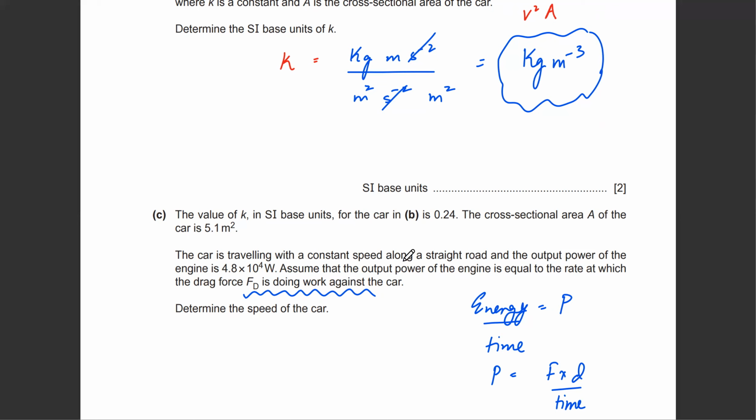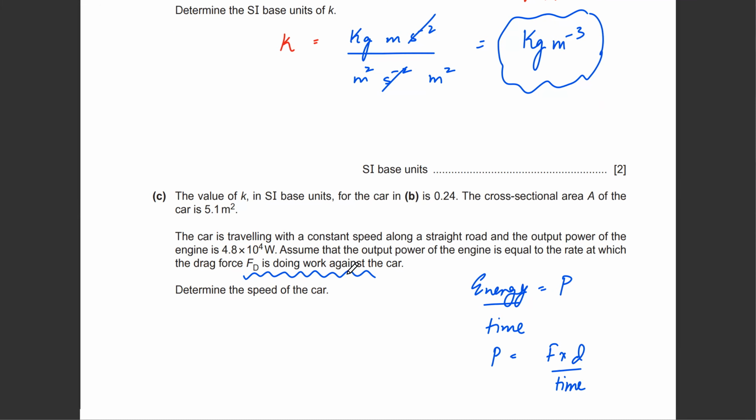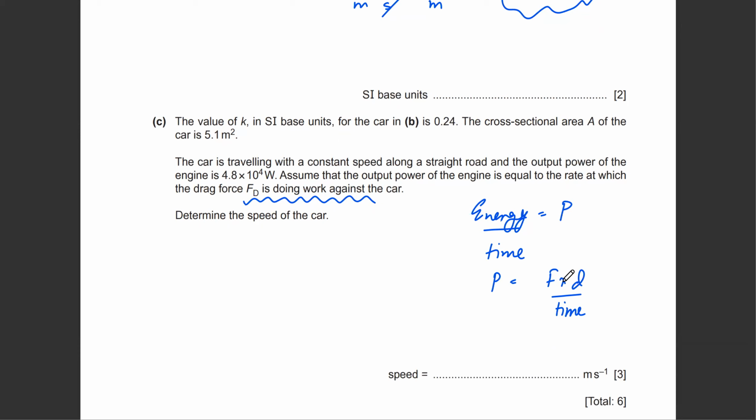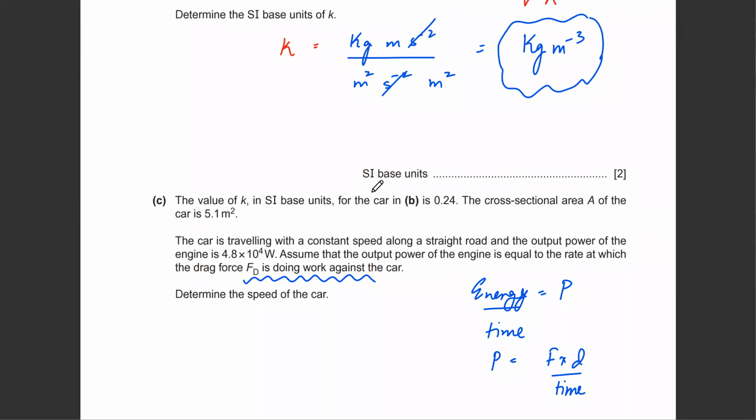Assuming that the output power of the engine is equal to the rate at which the drag force FD is doing work against the car. So we figured out FD over here. That's the output power of the engine, which it's doing per second. So we're going to put that value over here in the formula.